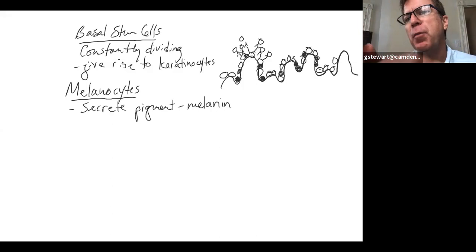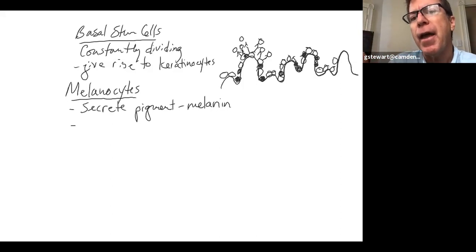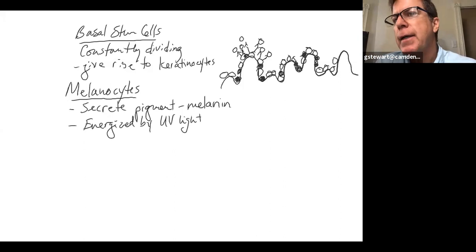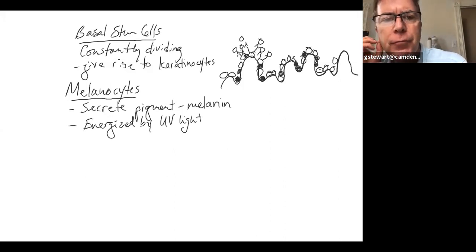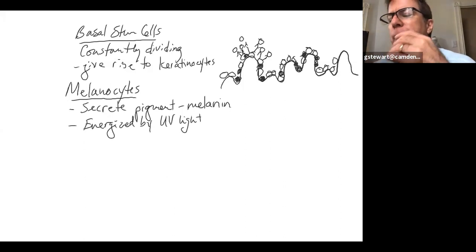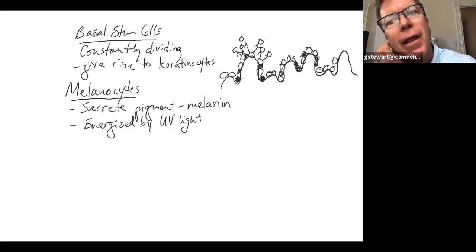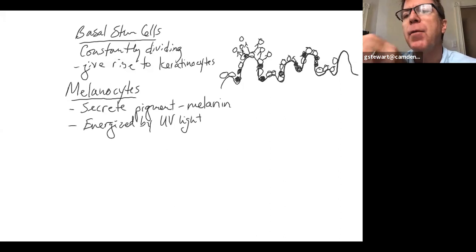So melanocytes secrete pigment melanin, and they are energized by UV light. So when sun rays, UV light, hits those melanocytes, it energizes an organelle inside of them called a melanosome. And what the melanosome does is it converts an amino acid, tyrosine, to melanin, and that's where the pigment melanin comes from. Anyway, this dark amino acid-based pigment permeates throughout this layer.